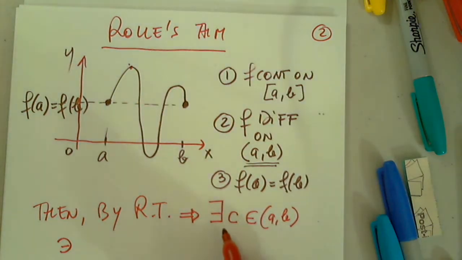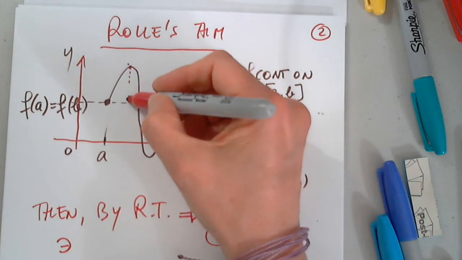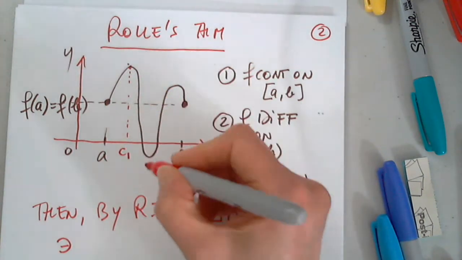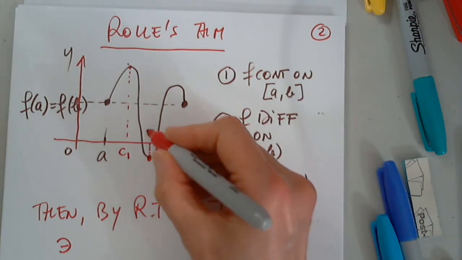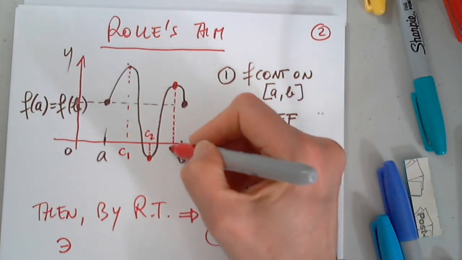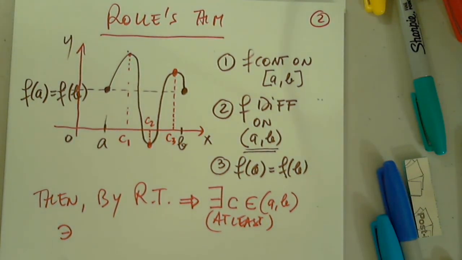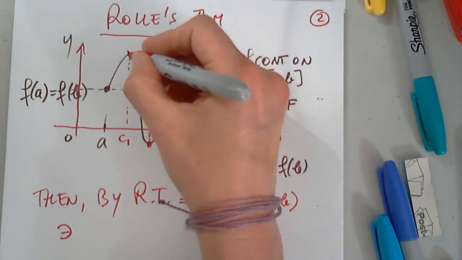So there exists at least one C in the open interval such that, what do you think? Give it a shot. You already have the hint right here.